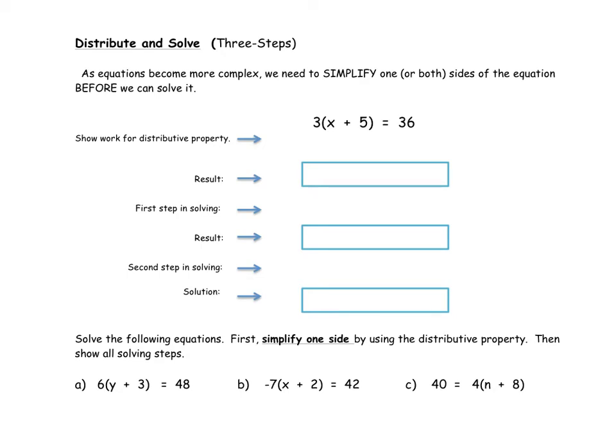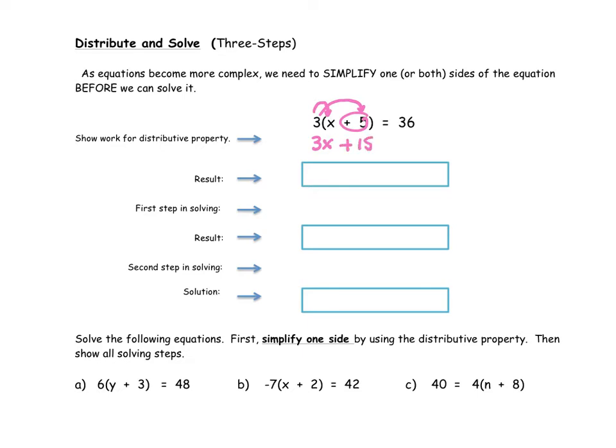So we're going to start, and we're just going to focus on this left side of the equation. And we're going to recall how we did that. We used what we called rainbows. When I multiply 3 times x, I get 3x. And when I go back to this 3, because it multiplies everything inside, so 3 times this +5, I'm going to get +15.